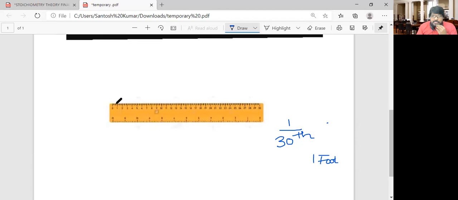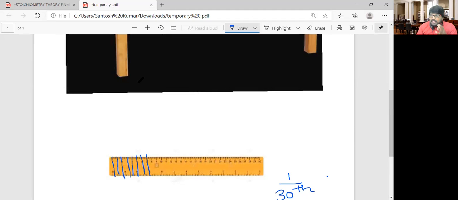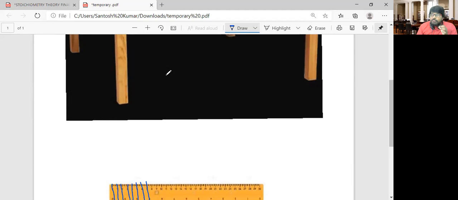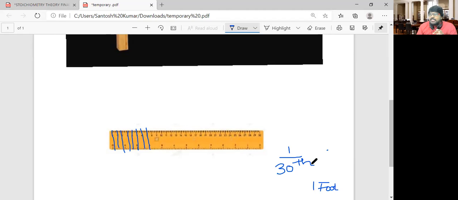Why? 1 by 30th part means if you divide this scale into 30 equal parts, that is called 1 centimeter. And this table is 150 centimeters. So what does it mean? This table is 150 times longer when compared to 1 by 30th part of this scale, right?